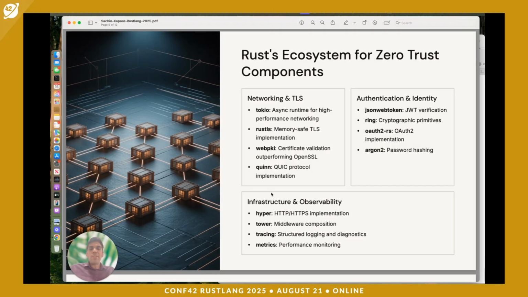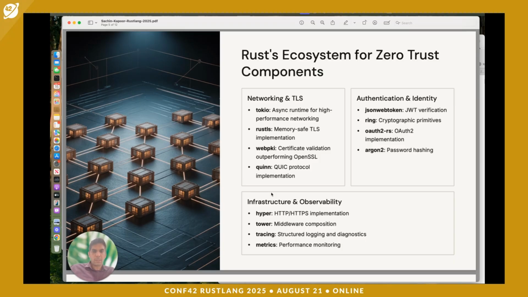Now let's dive into some of the components which will help us build for zero trust. These Rust components are the building blocks of foundational security and help developers and security engineers achieve their goals. I have broken these components into three categories. First, networking and TLS.